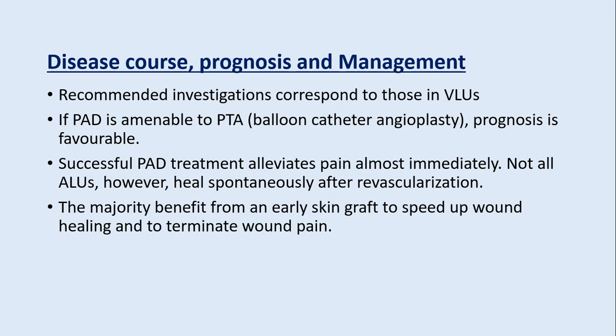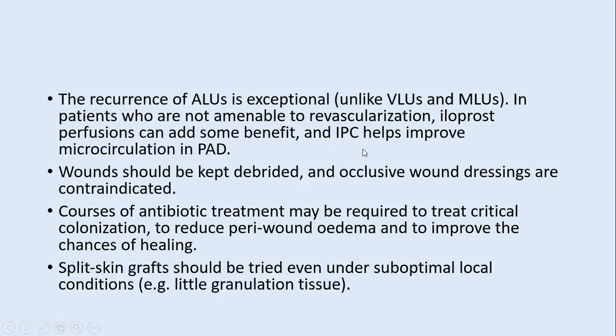The major benefit from early skin graft is to speed up the wound healing and terminate wound pain. The recurrence of arterial leg ulcer is exceptional, unlike venous leg ulcers and mixed leg ulcers. In patients who are not amenable to revascularization, iloprost perfusion can add some benefit, as it improves the microcirculation.